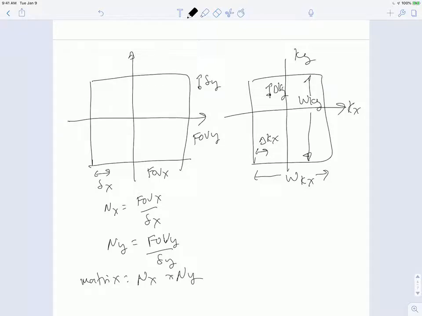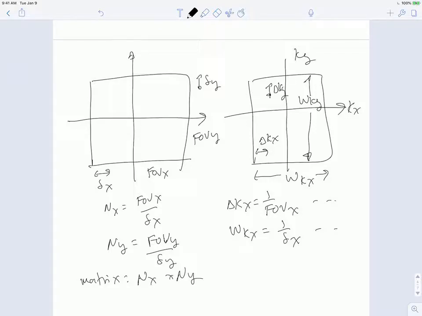The relationships here, and I'm just going to write it for one: delta kx equals 1 over FOV in the x direction, and Wkx equals 1 over delta x, and same thing for the y.